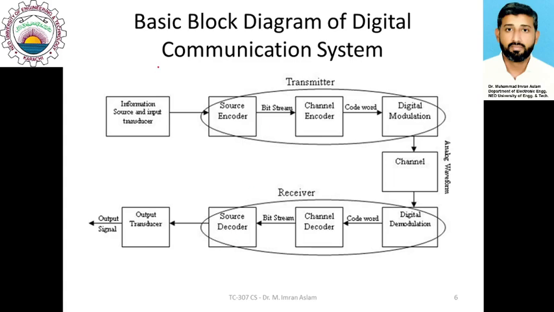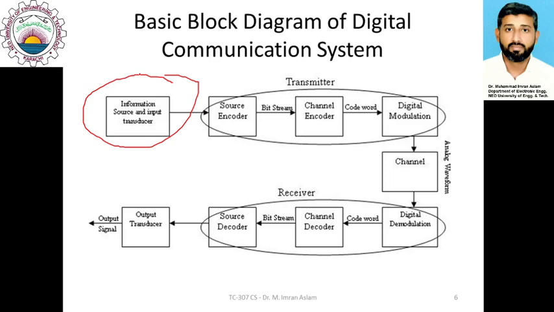So this is an illustration of a basic block diagram of a digital communication system. At first sight, you would need an information source. Of course, the information source is something which generates some information for the digital system.